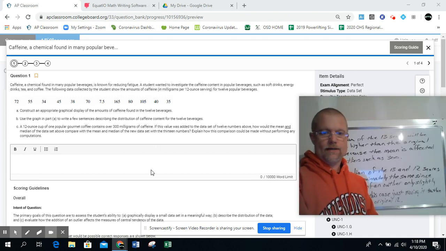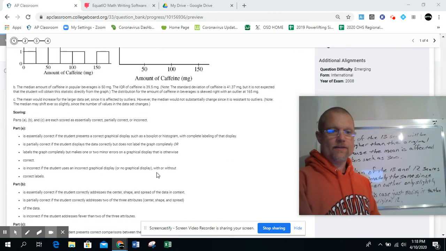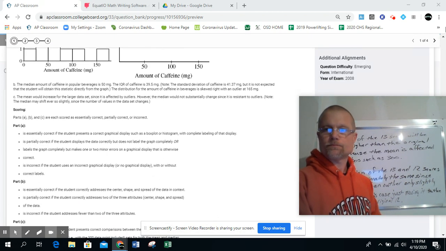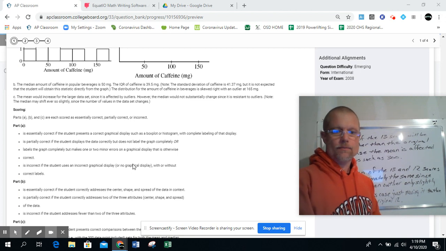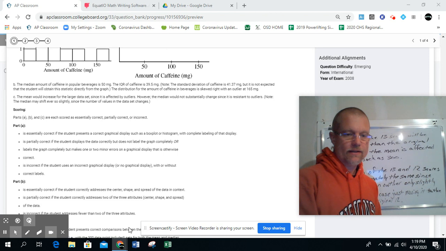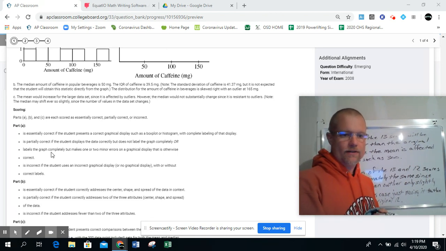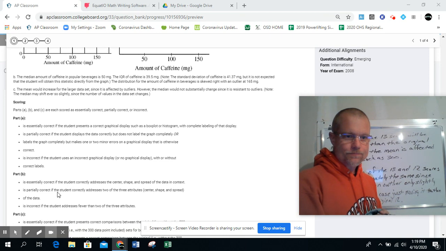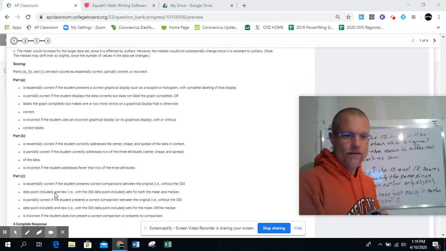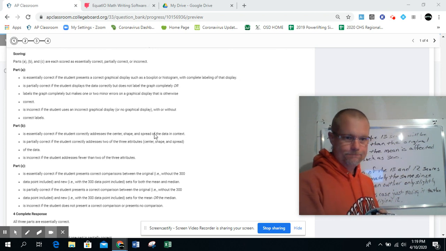When we scored this, things that they said were important are over here. Part B, essentially correct if you address the center, shape, and spread.